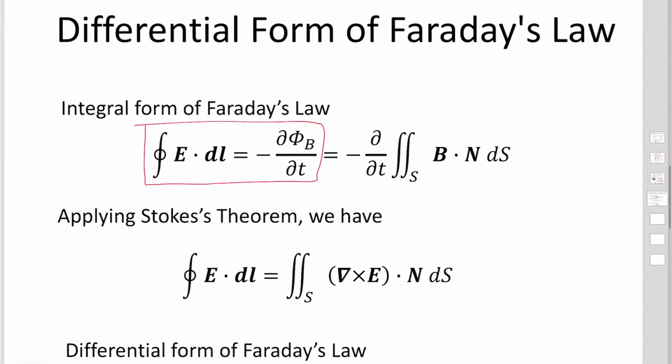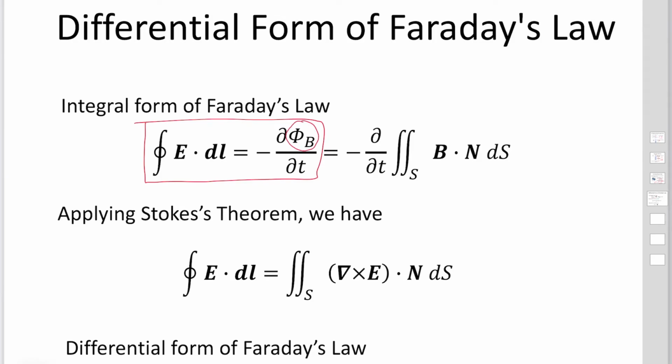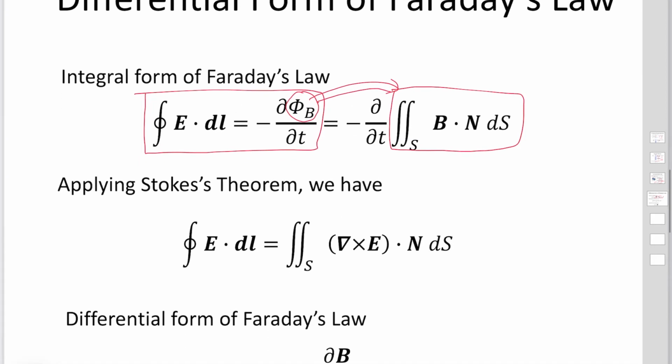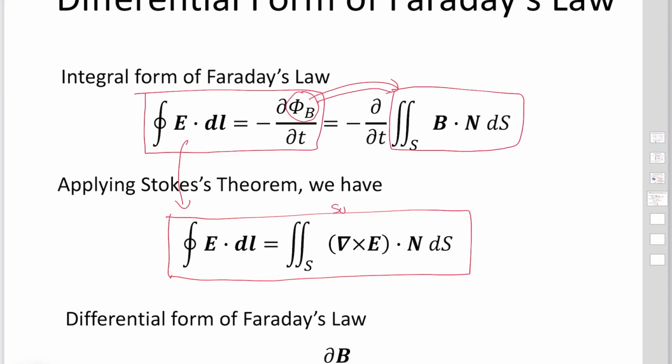Then the magnetic flux phi sub B is expressed with a surface integral of the magnetic field. So this is the integral form of Faraday's law. Also, the left hand side, the integral of E dot dl, can be converted with Stokes' theorem, from a line integral to a surface integral.